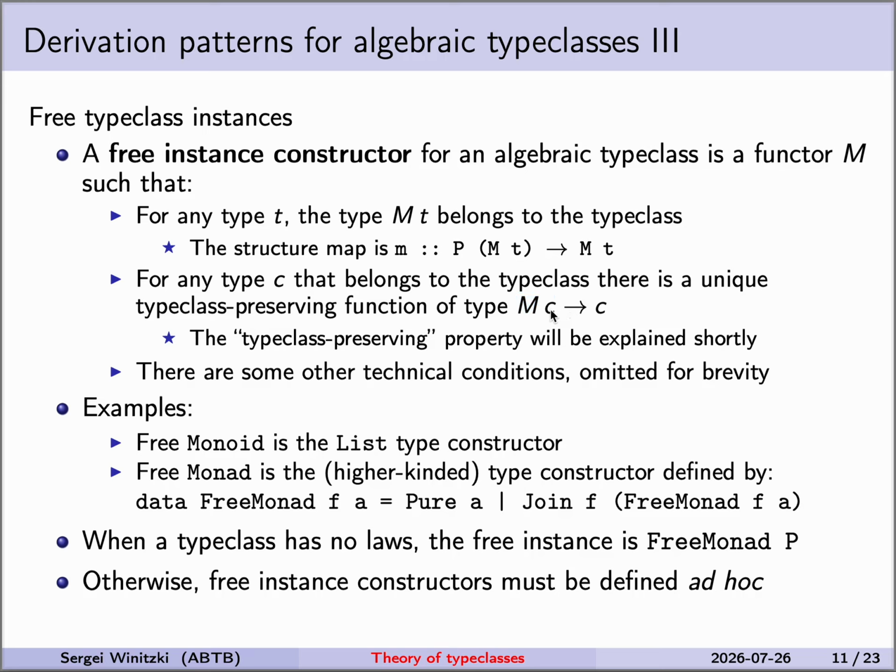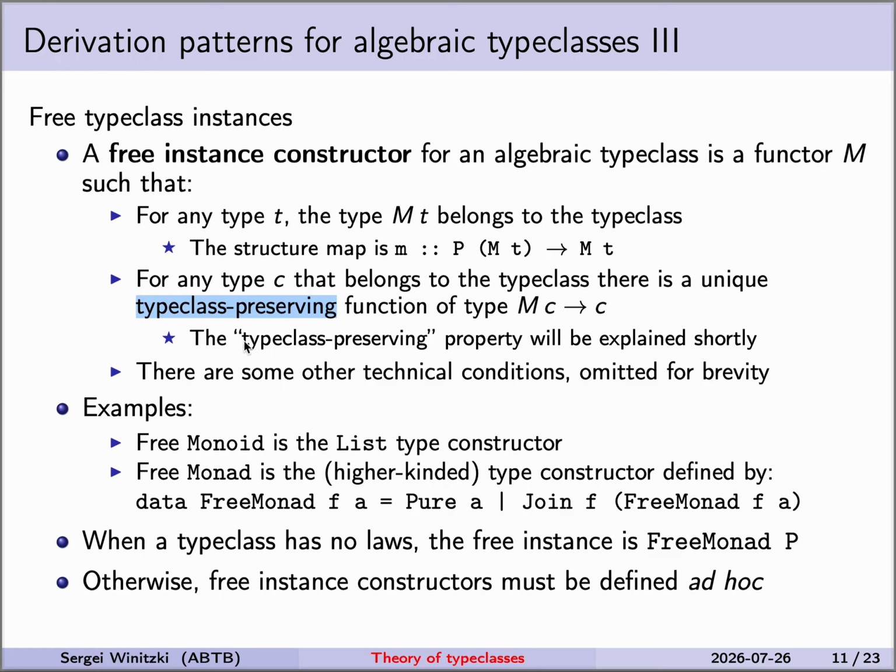But if we do that, then there must be a unique way to get back to C from this. So wrapping a value of a type that already belongs to the type class is equivalent in some sense to not wrapping at all. So this wrapping is transparent and unnecessary. It can be removed. So this function that removes the wrapping must be unique and type class preserving.